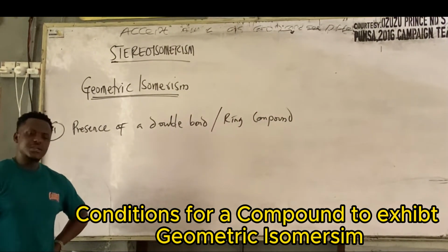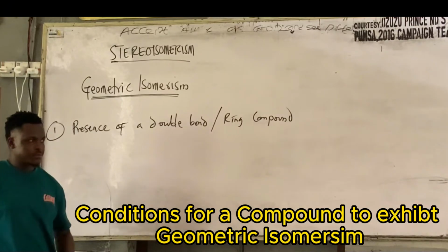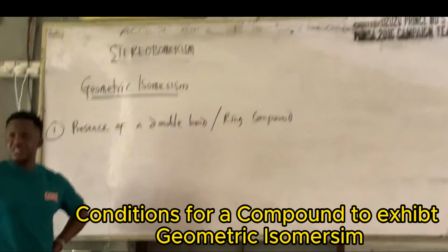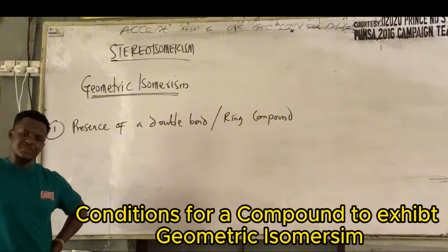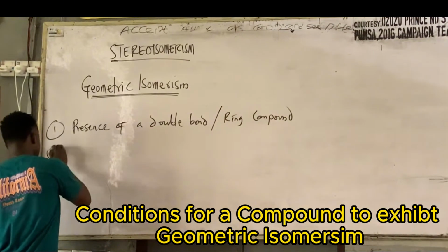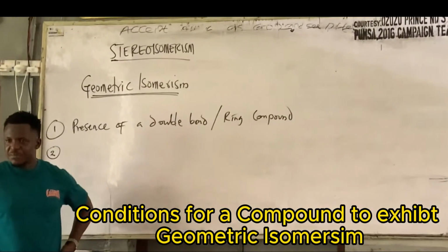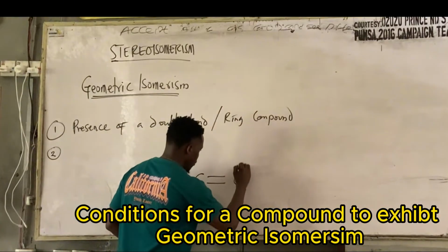Now the next point I would like to draw here is that all alkenes possess a double bond, but not all compounds with a double bond exhibit geometric isomerism. So that is where condition number two comes in. Listen very carefully. Before you write it down, let me explain. This is a two-carbon bond.